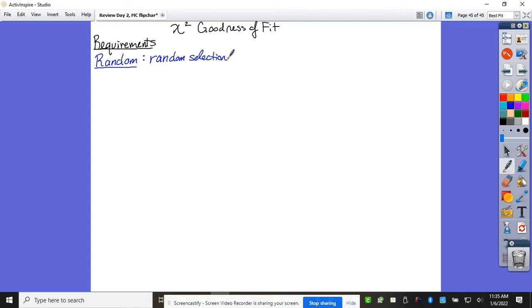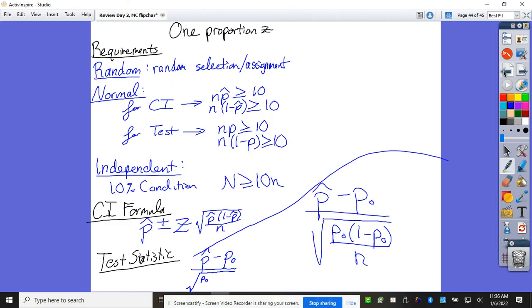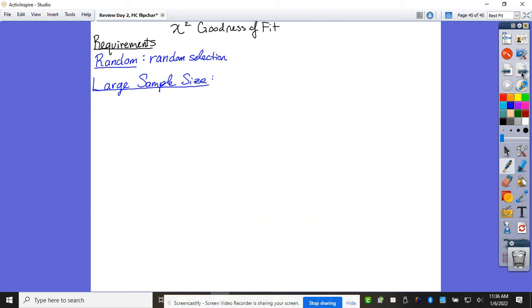Now this is one of the weird ones because instead of calling it normal, we now call it what? Large sample size. Which is still essentially checking the same thing, because when we did it for normal, we were checking to make sure that our sample sizes were large enough, that successes and failures were large enough.